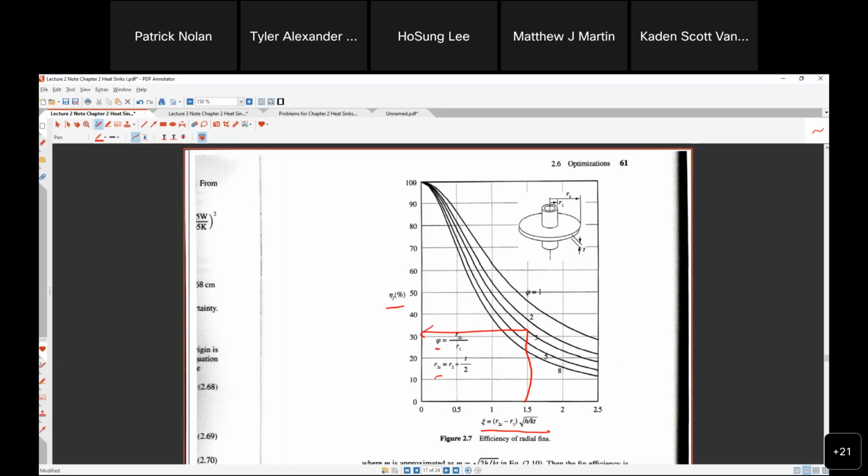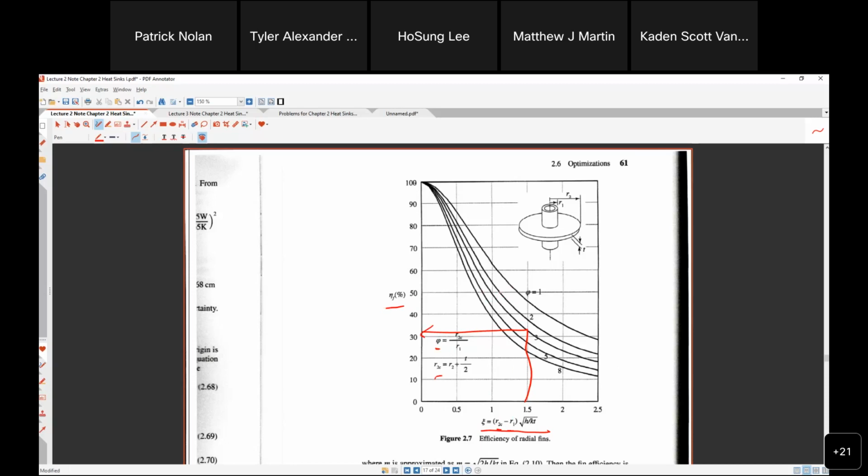Those are the Bessel functions. Make it simple. All you need is the dimensions, R1, R2. Then you can figure out the efficiency. So move on.